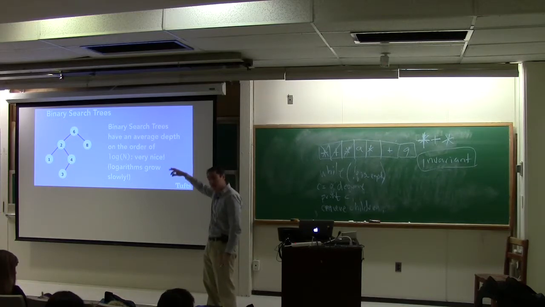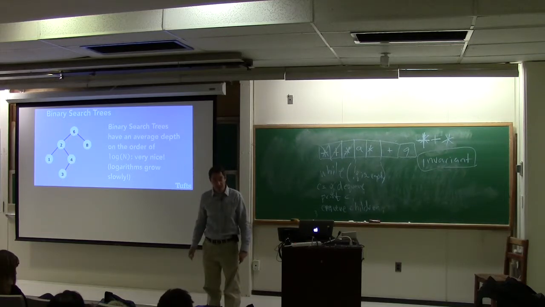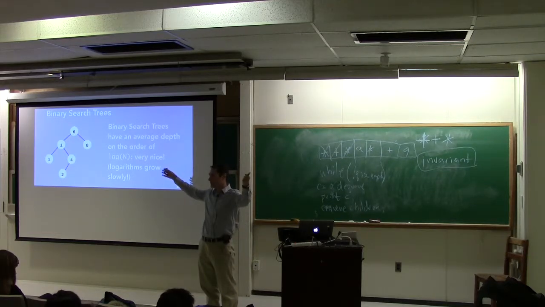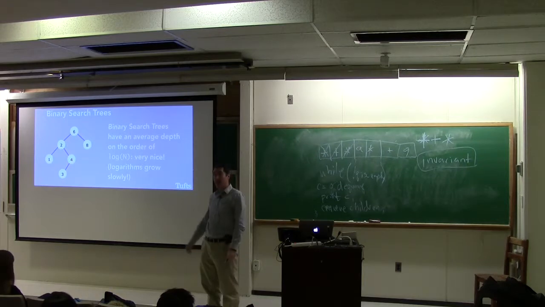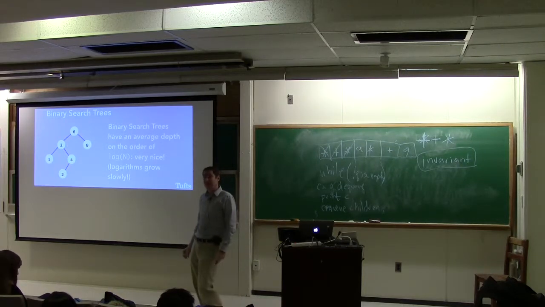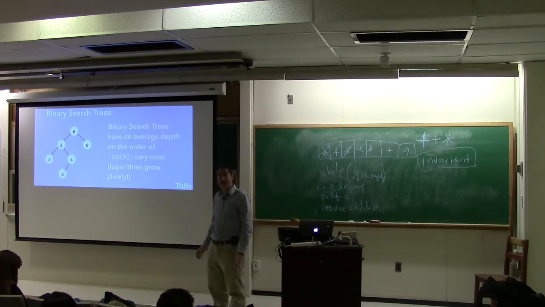This is a logarithmic number of steps to go from the top to the bottom, which is awesome. Why is it awesome? Because we love logarithmic behavior. With 1,024 items, on average you will only have to search 10 times to find something. So that's kind of nice, right?